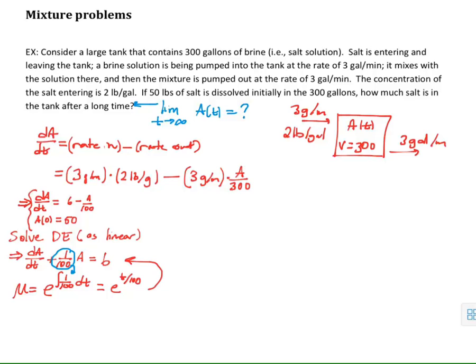If we multiply everything by mu, you end up with e to the t over 100 times dA dt plus 1 over 100 e to the t over 100, all times A equals 6e to the t over 100.